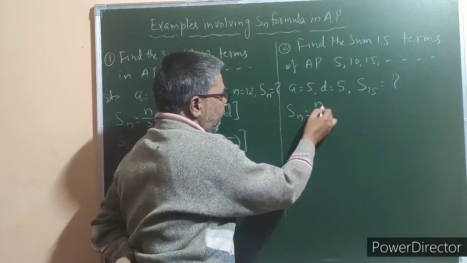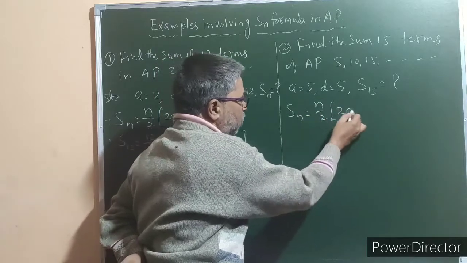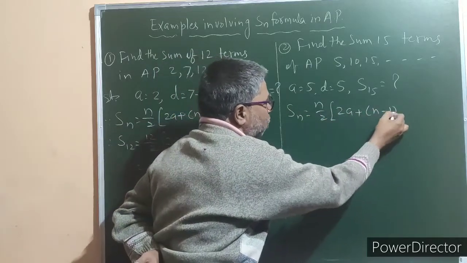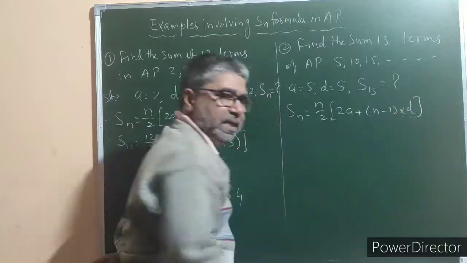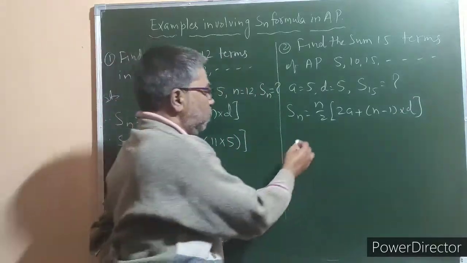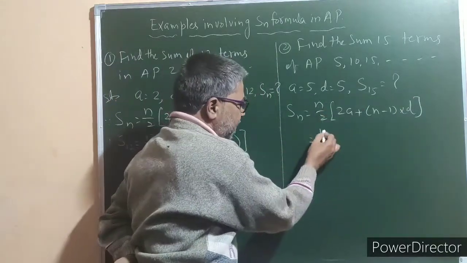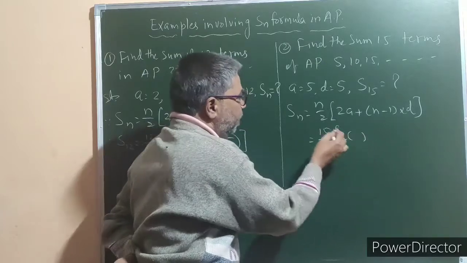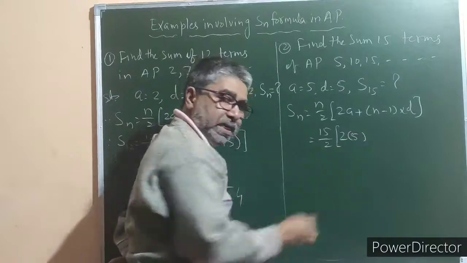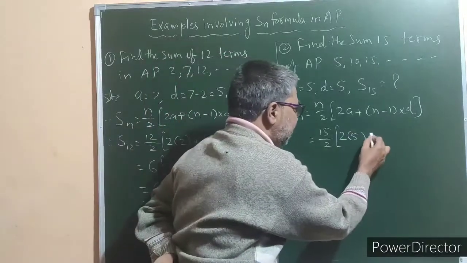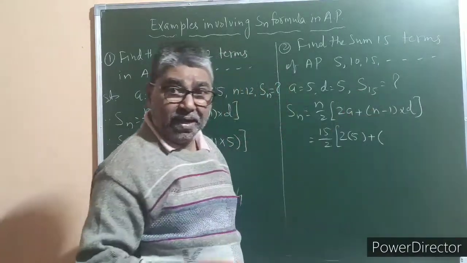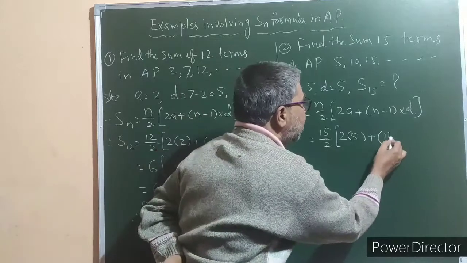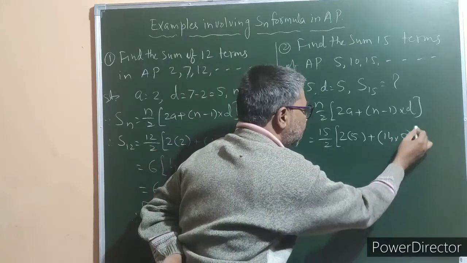Sn is equal to n upon 2 into bracket 2a plus n minus 1 multiplied by d. After writing the formula, substitute the values. n is 15 upon 2 into bracket 2 into value of a, that is 5, plus n, 15 minus 1 is 14, into 5, close the bracket.